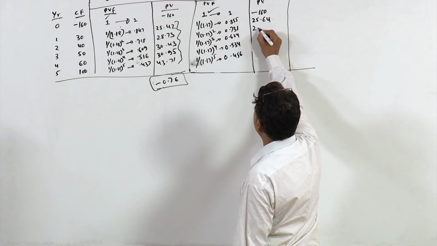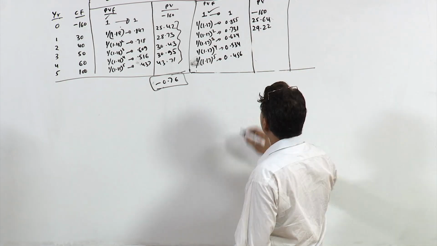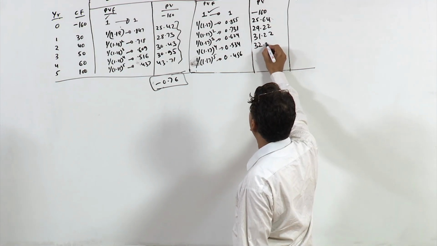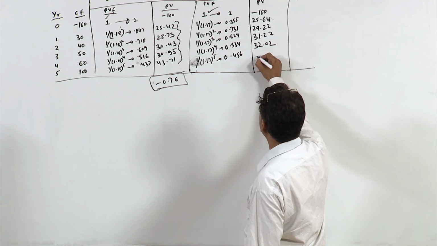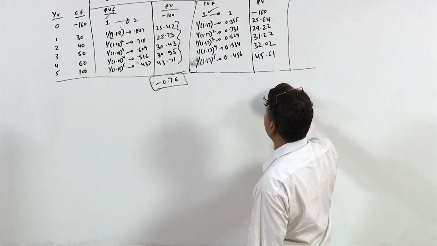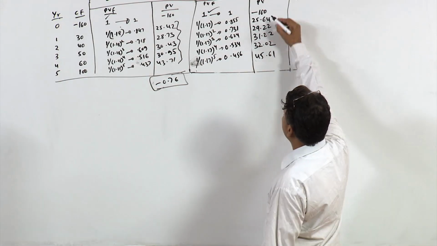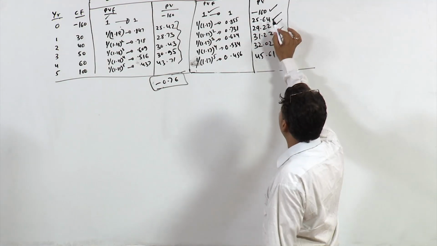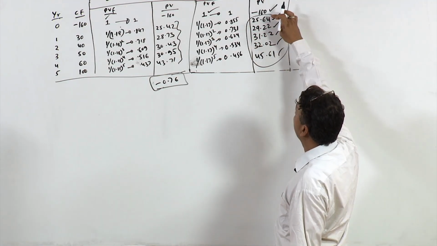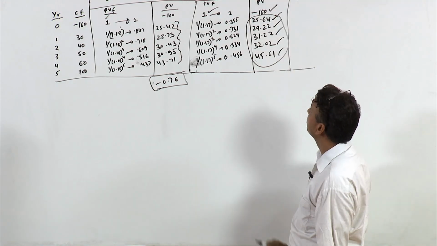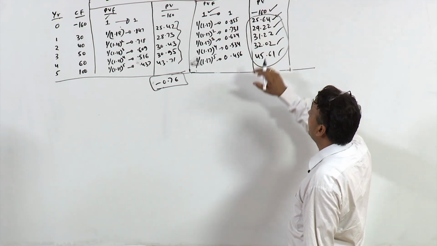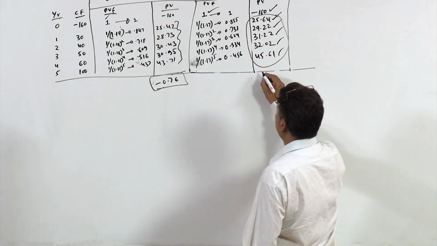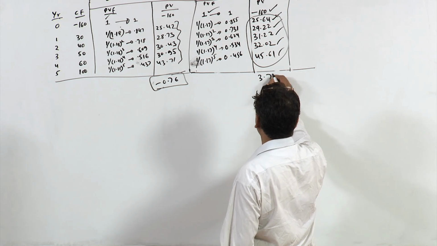It is 29.22. Then 31.22, 32.02, and finally 45.61. So this is for 0th year, 1st, 2nd, 3rd, 4th and 5th. If you add all these positive values and subtract it from here, or if you take the summation of this particular column, then you will have value as equal to 3.71.